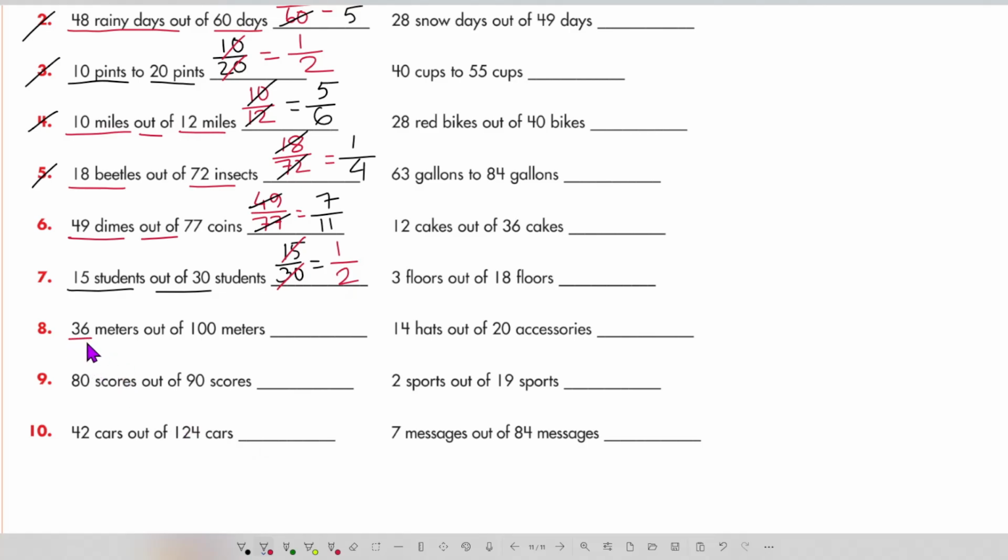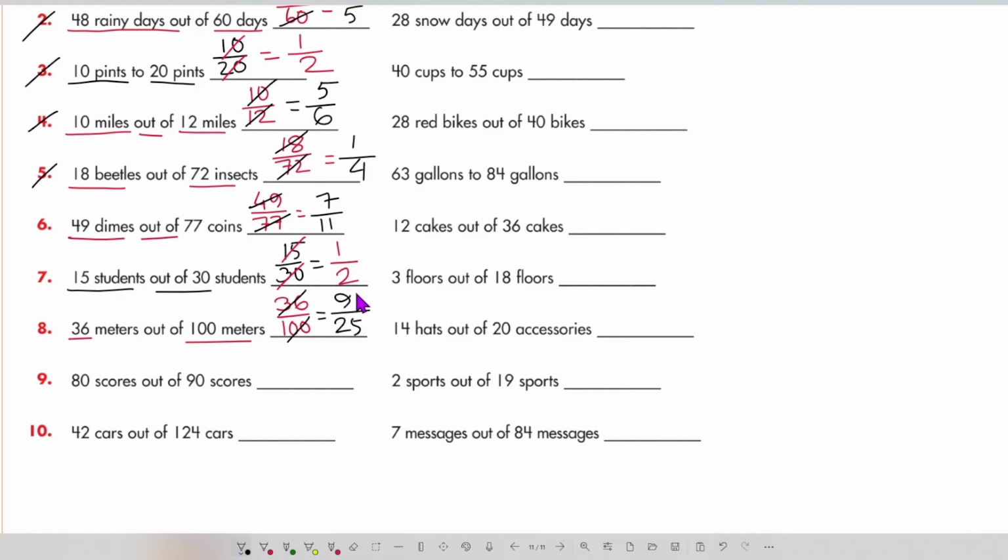Now 36 meters out of 100 meters. So we can write 36 by 100, and this one we can divide by 4, right? So 36 divided by 4 is 9 and 100 divided by 4 is 25.